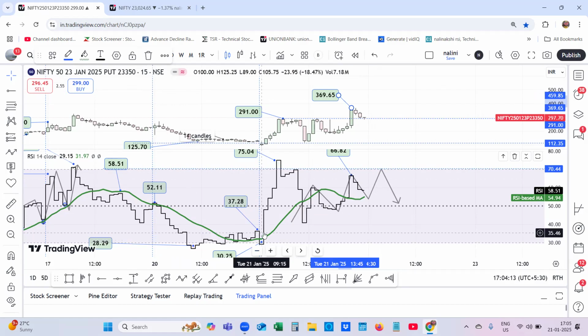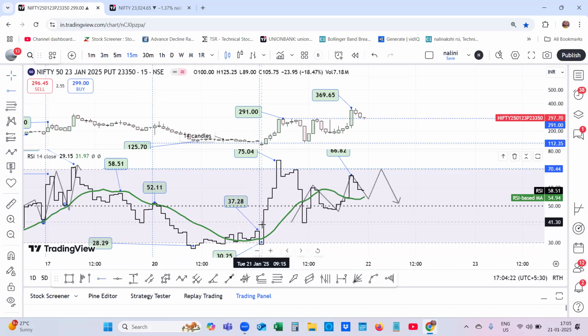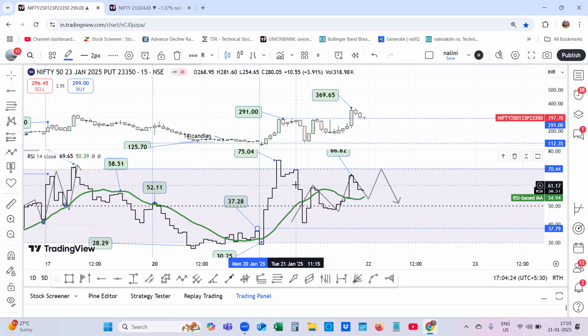See the RSI climbing. See the imbalance over here. Since there was an imbalance in the RSI, it was filled. So you can see the leg in the RSI.